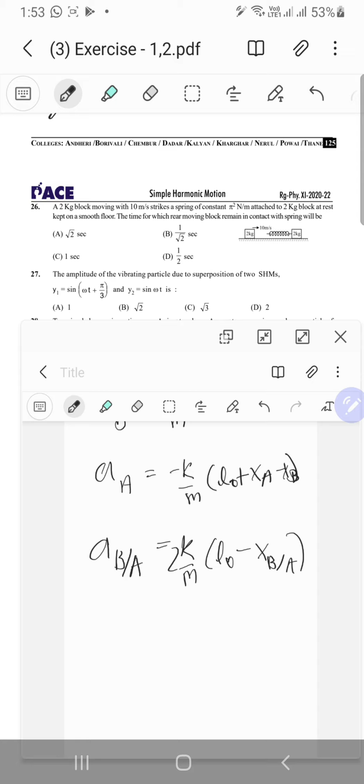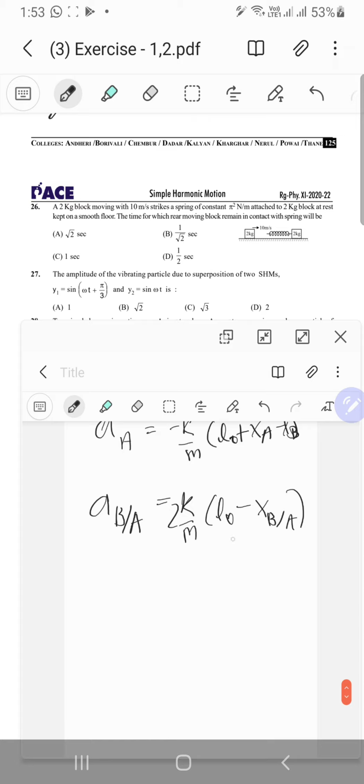Hey, that's nice. Okay, cool. So now what? Sure, you got this thing and all, but is this actually an SHM though? We got an L naught. It's linearly proportional, but is it an SHM?